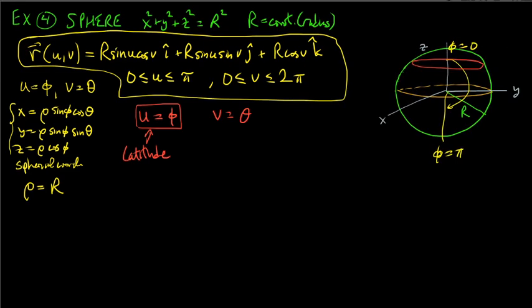Yeah, so if you're talking about the surface of the Earth, the equator is 0 degrees latitude, and the North Pole would be 90 degrees, right? So the equator would be 0 degrees, the North Pole would be 90 degrees, and the South Pole would be negative 90 degrees. But that's not what's happening with phi, right?